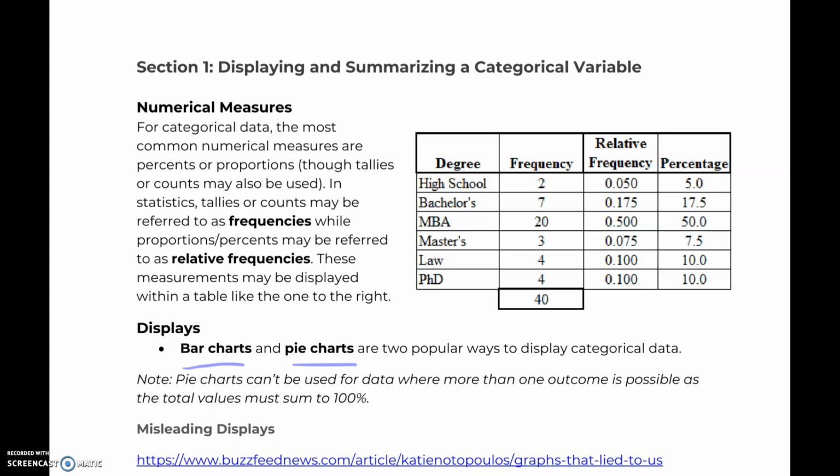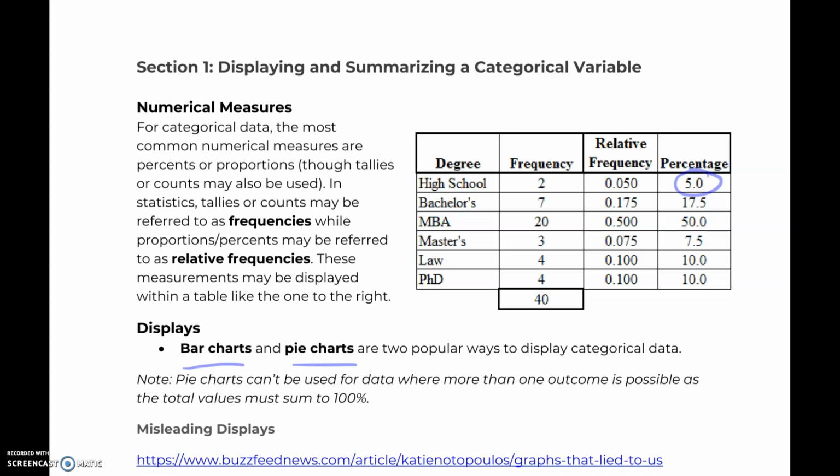Over here we have another data set. We are looking at 40 people who were asked what was their highest level of education. You can see over here we have 2 that completed high school out of the 40, which gives us a percentage of 5%. We had 7 out of the 40 that completed their bachelor's degree, so we had 17.5%.